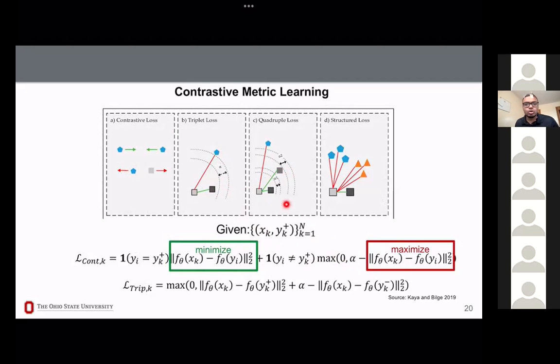Quadruple loss basically introduces two margins, and it creates loss based on 4 samples. It's just based on triplet loss. You introduce an extra sample, which is also a positive sample, and you introduce two margins. It's not very used. It was just one paper somewhere, and it's not very popular, so we're not going to talk about that more. But a form of structured loss is now used. The structured loss idea is very simple. If you think about triplet loss, it does sample by sample.